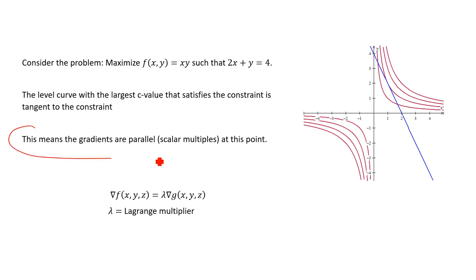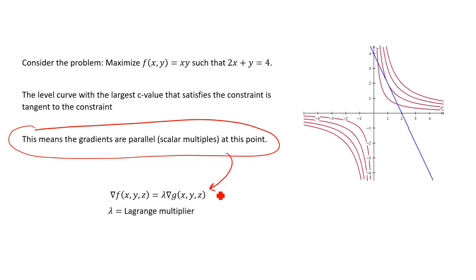Mathematically, this sentence, the gradients are parallel, can be written as the following equation. If I take the gradient vector of the function I'm trying to optimize, it has to equal a scalar, which we're going to use the Greek letter lambda for, times the gradient vector of my constraint.